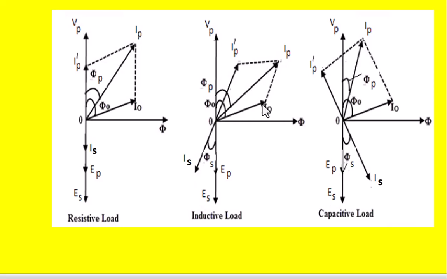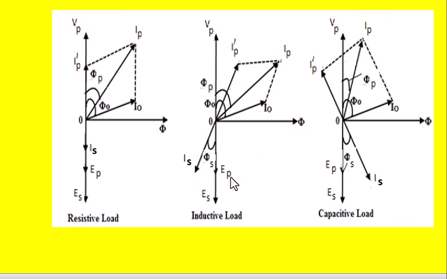This I0 produces the flux in the core called phi, and this flux lags the applied voltage Vp or V1 by 90 degrees like this, and this flux induces EMFs in the primary winding and secondary winding, and they will lag the flux by 90 degrees like this.